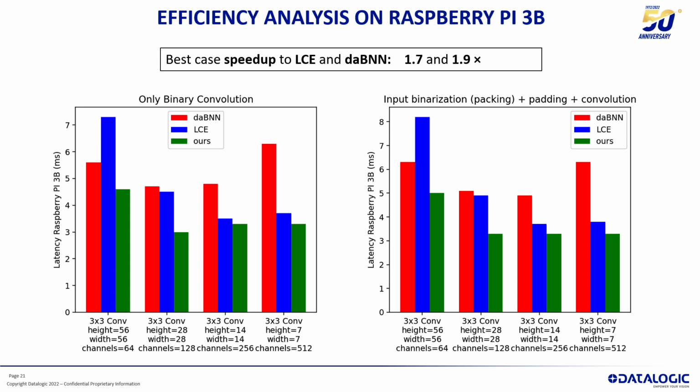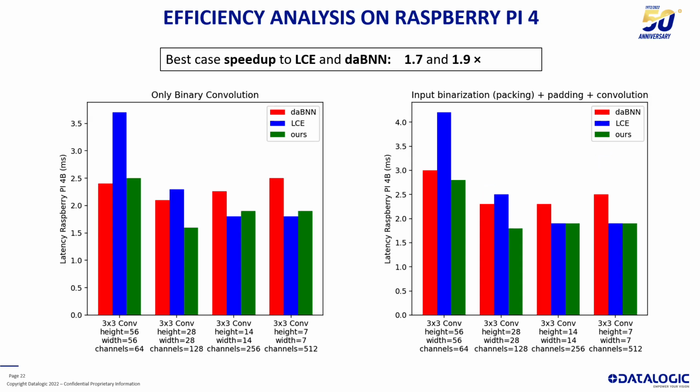For the Raspberry Pi 3, our solution provides, in the best case, 1.7 and 1.9 speedup compared to LCE and BNN. One of the differences is related to the sign bit extraction, which we perform on the fly, having a more cache-friendly approach.